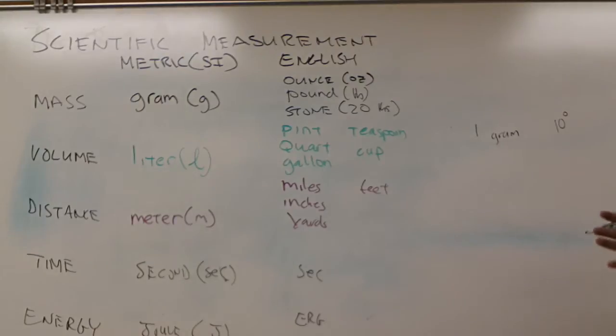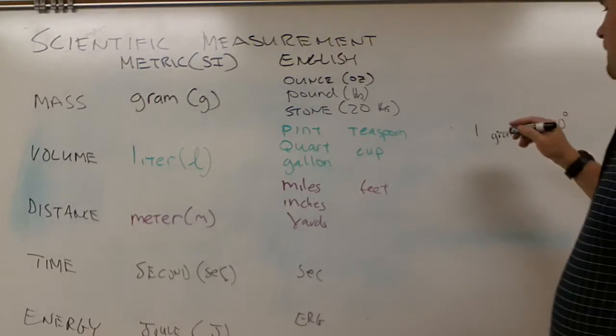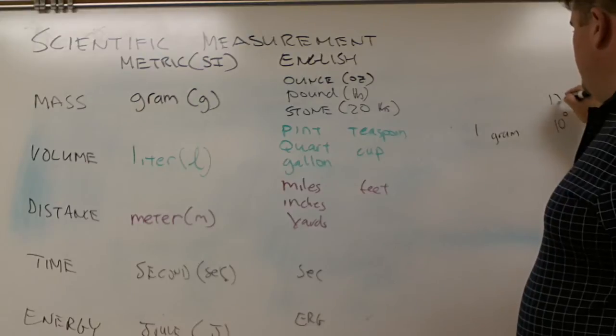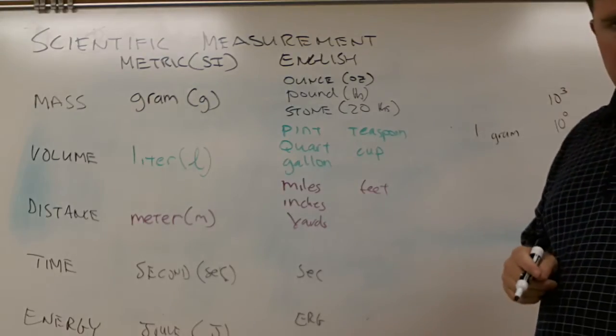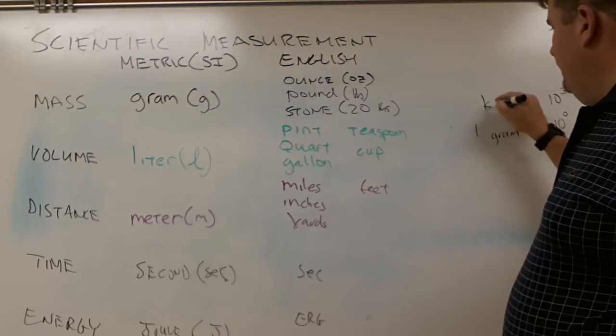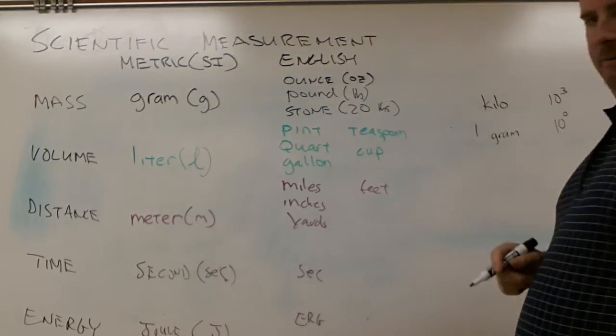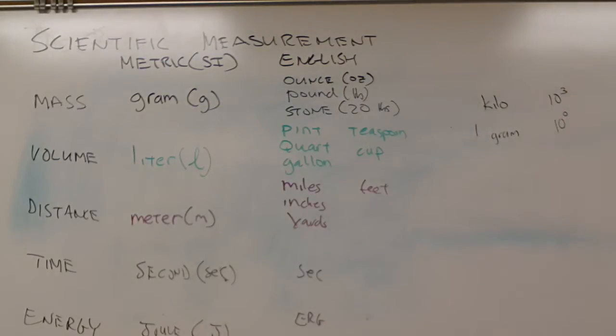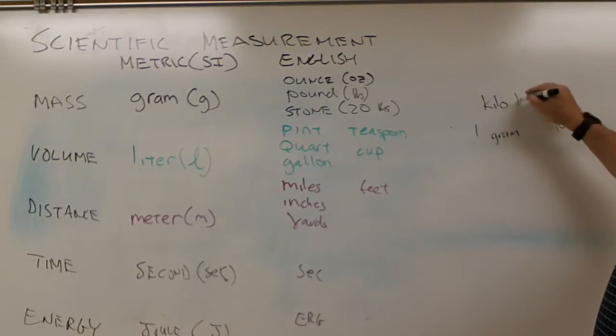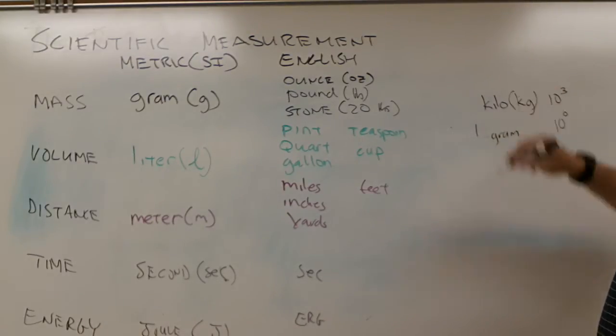It's just regular gram. We're not going to put a suffix or anything associated with it. When I get to 10 to the 3rd grams, I now have the kilogram. It's abbreviated with k, so at this point this would be kg, kilogram.